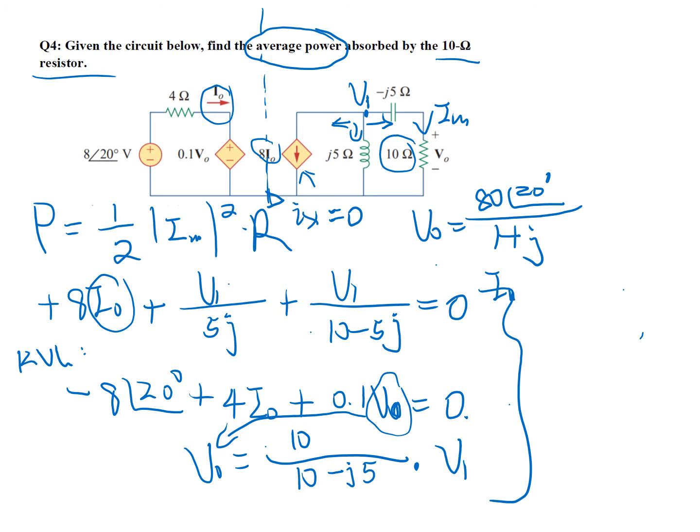Im is equal to V0 over 10 ohm. That is 8 over the square root of 2, the angle of negative 25 degrees.